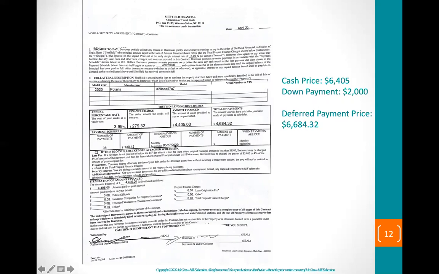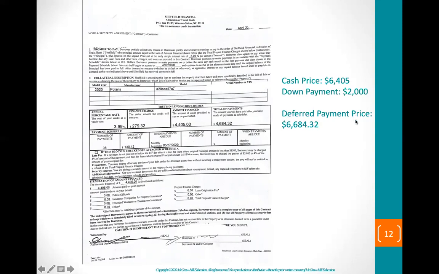It lists when your payments begin, and then down here it gives you an itemized example of what you financed. The amount you financed, $4,405, is the amount you borrowed. The cash price of this Polaris was $6,405. The down payment that was made was $2,000. So $6,405 less the down payment of $2,000 gives you the total amount financed of $4,405.